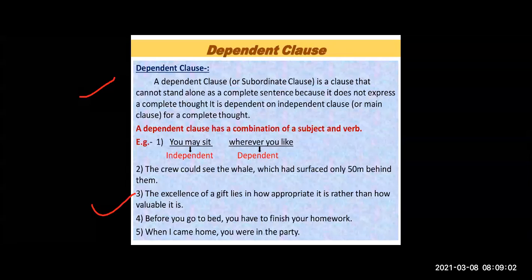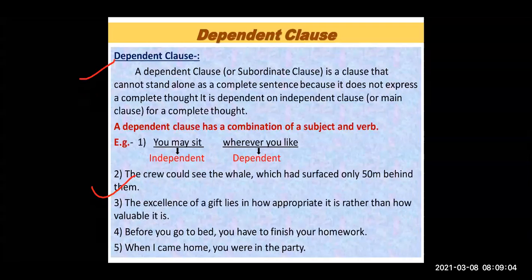Now see, dependent clause. First, the definition. A dependent clause, or subordinate clause, is a clause that cannot stand alone as a complete sentence because it does not express a complete thought.